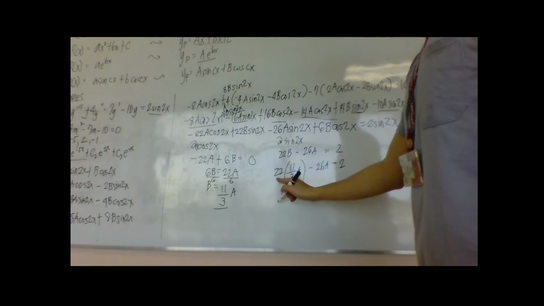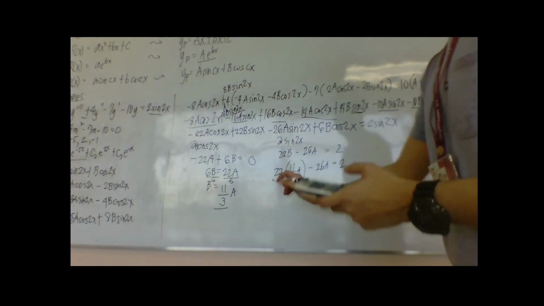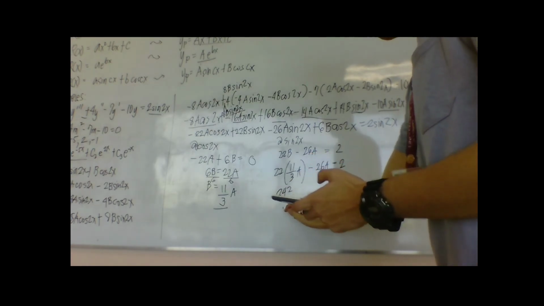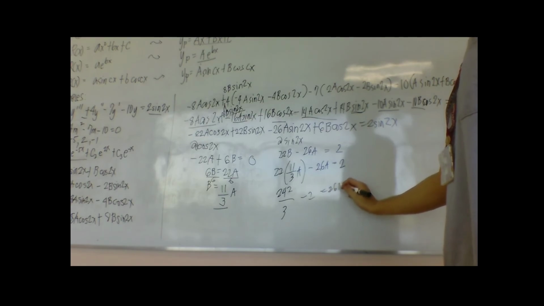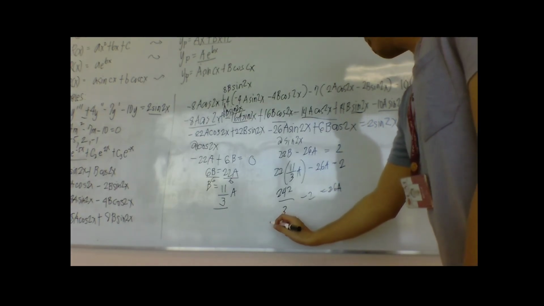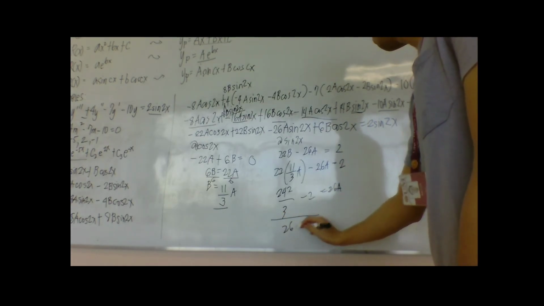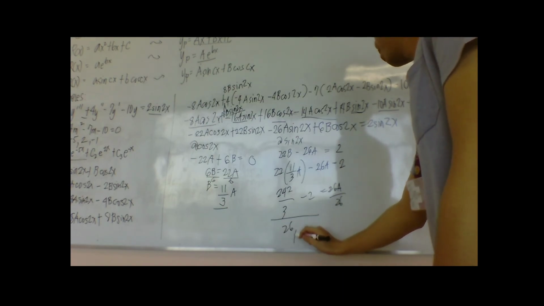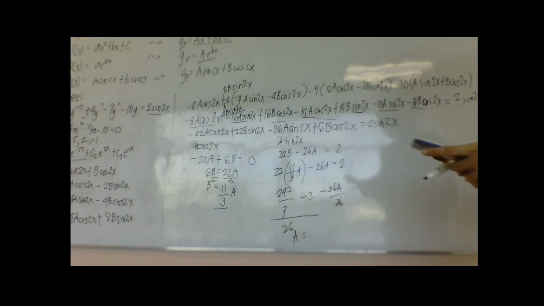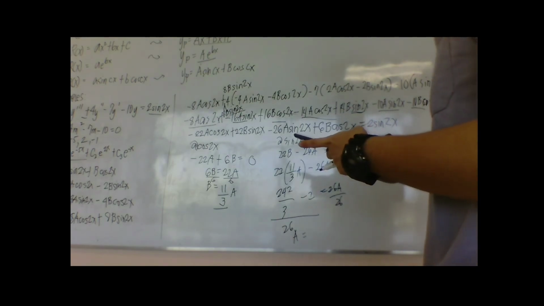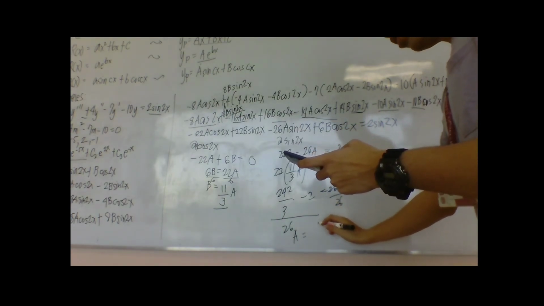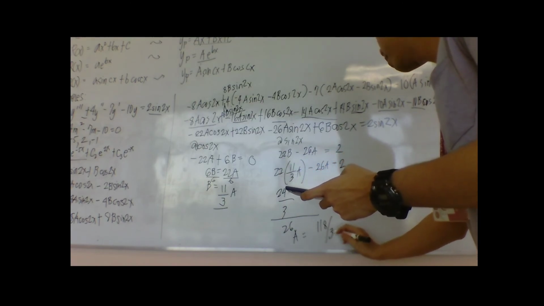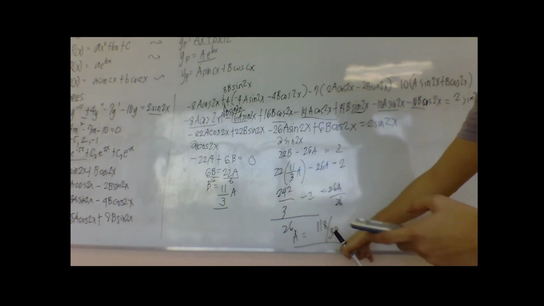So that's 22 times 11 over 3, it's 242 over 3. Minus 2 is equal to 26a. So divide both sides by 26. So you can get a as the answer, minus 2 divided by 26. So 118 over 39 is our a.